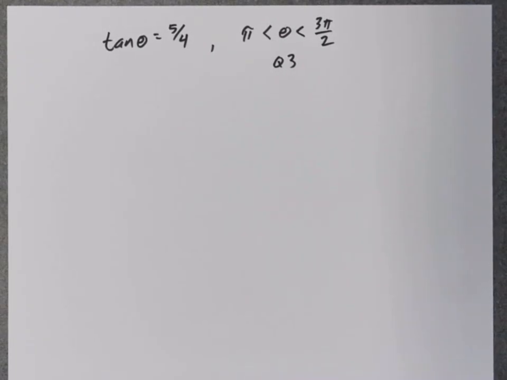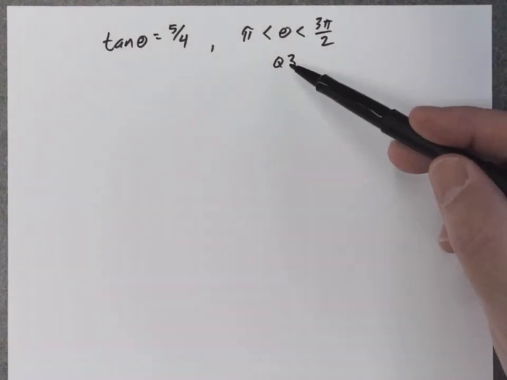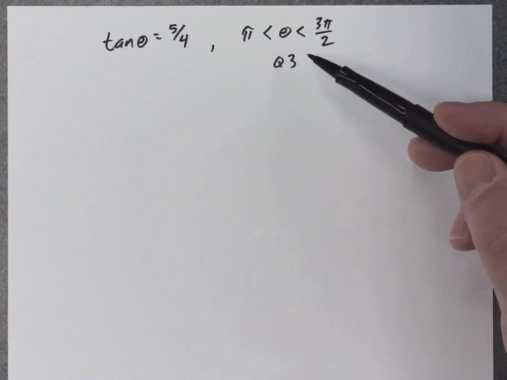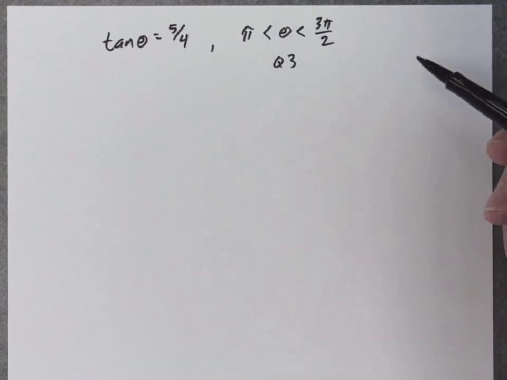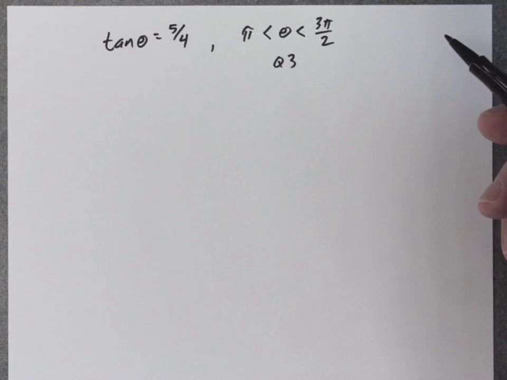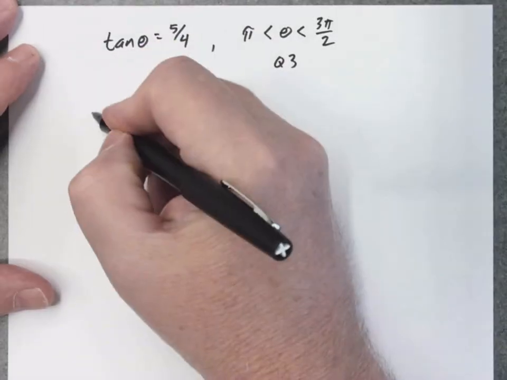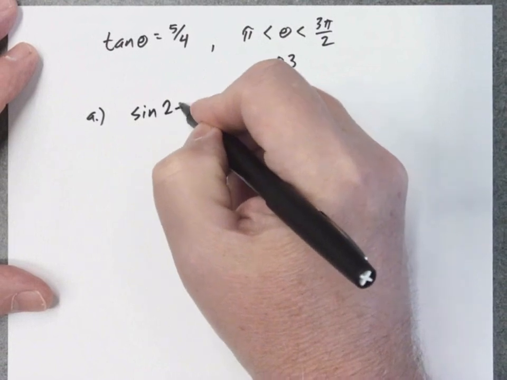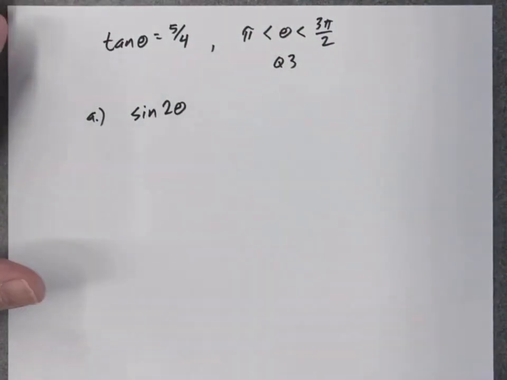And that becomes important because whenever I want to start plugging in trig functions, I will need to check whether in quadrant 3 that trig function should be a positive or negative number. So here's what we're going to do. Let's first look at the first part. They ask us, what's the sine of 2 theta?